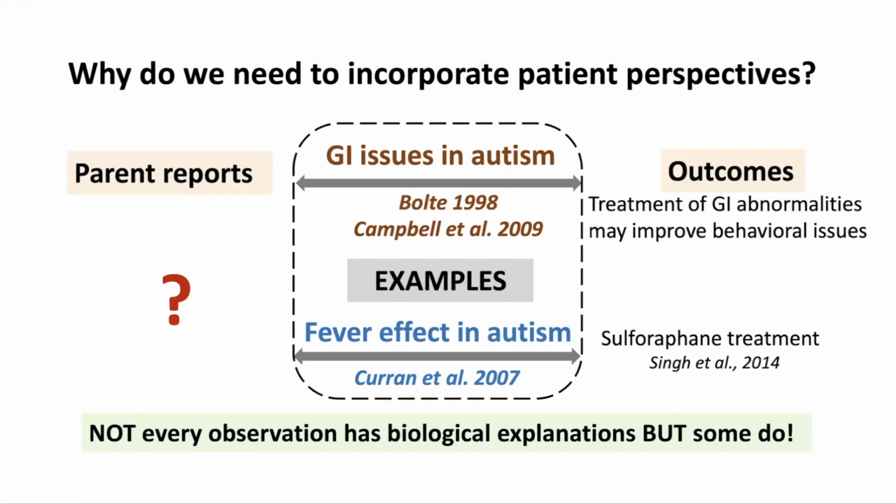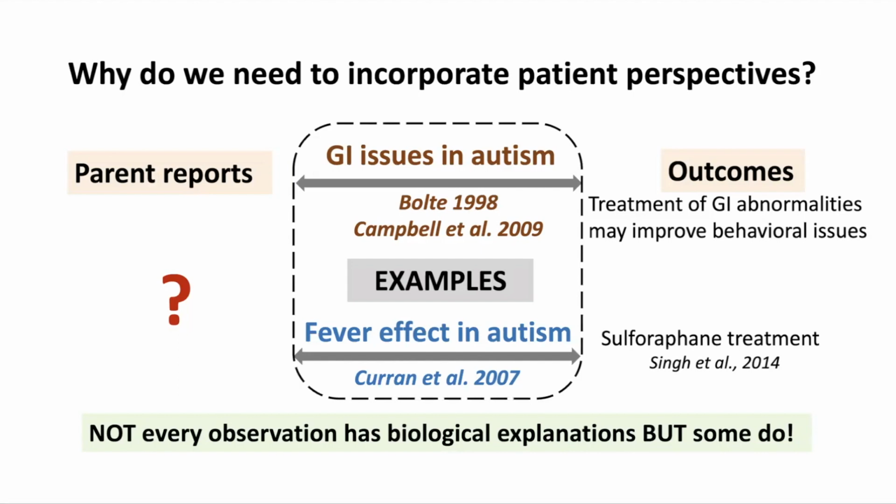Second example is about the fever effect. For many years, the parents of children with autism have reported that behavioral symptoms diminished when the child had a fever. A study published in 2007 reported that some children with ASD may show behavioral improvements during fever. Subsequently, functional and mice studies resulted in discovering the cellular mechanisms of this so-called fever effect.